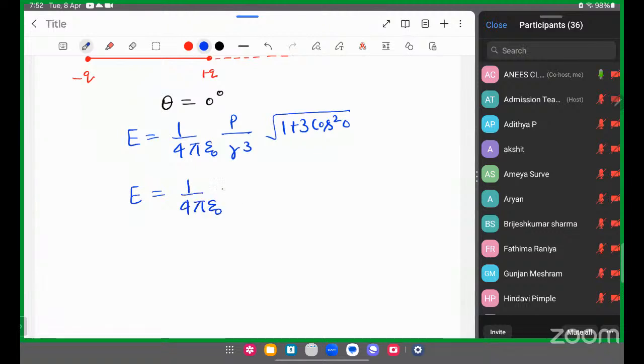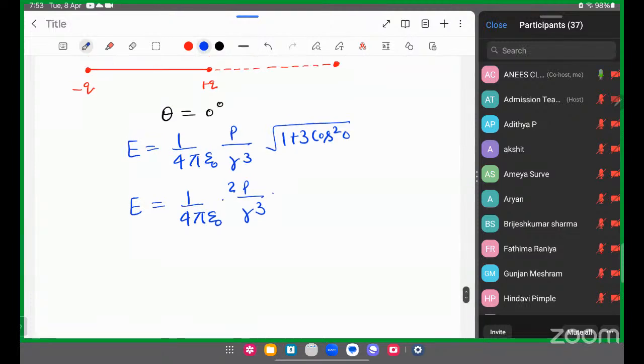So this will be P upon R cube, 3 into 1, 3 plus 1, 4, and the square root of 4 will be 2. So E at the axial position will be 2P upon R cube. Understood? The value of E at the axial position will be 1 upon 4 pi epsilon naught, 2P upon R cube.